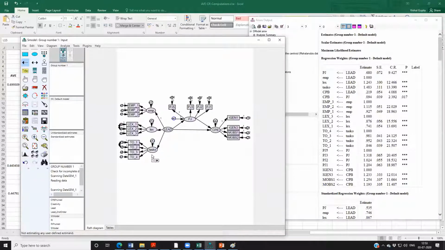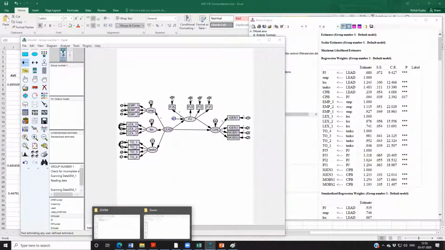So let's say here I have 10 items, and I find it difficult to manage 10 items. So what should I do? We call this idea parceling, and what you do is you go to your SPSS file.